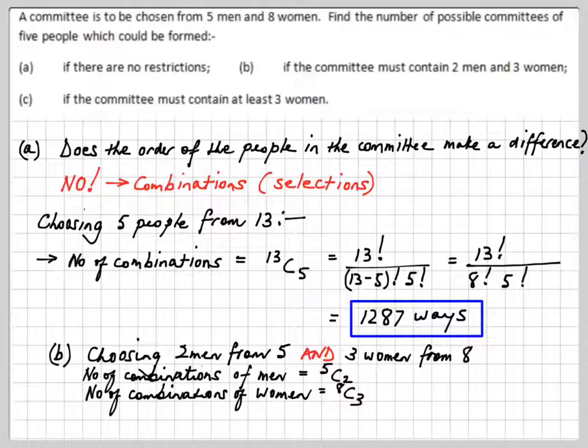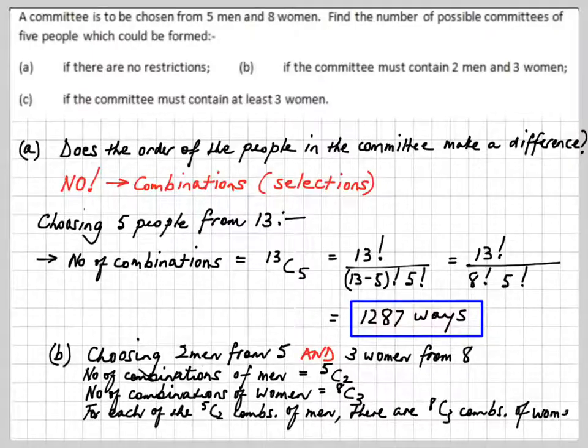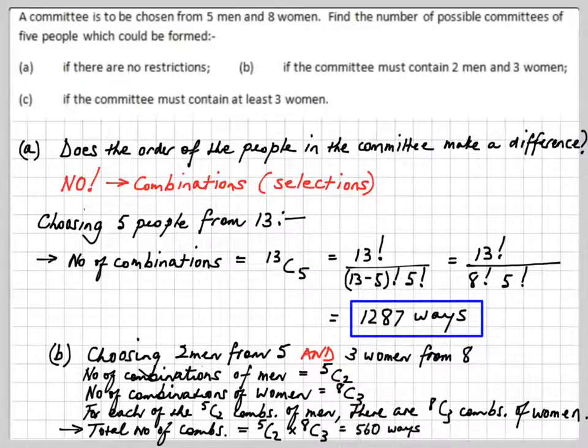So for every one of those 5C2 committees of men, you have all of 8C3 committees of women. So you must multiply those numbers together. Okay? You must multiply them. It's like a gigantic tree diagram again. That's the thing. So the total number of combinations would be 5C2 times 8C3, which apparently, according to Mr.